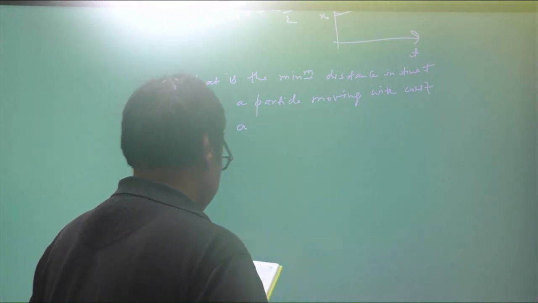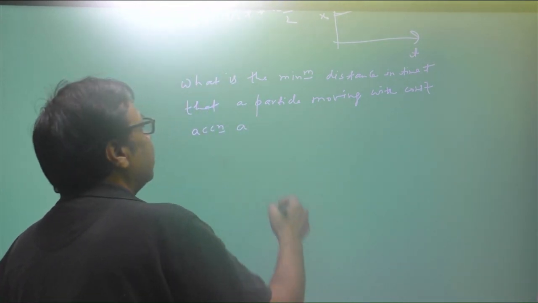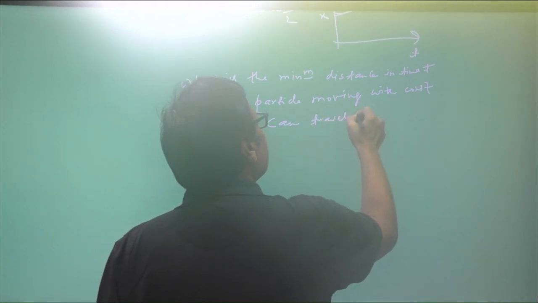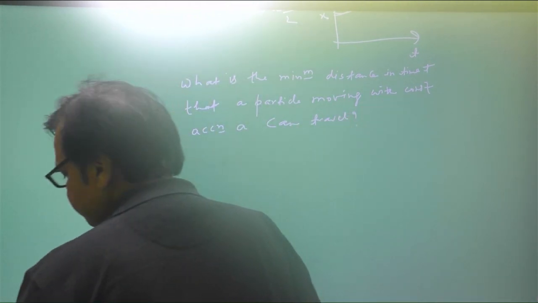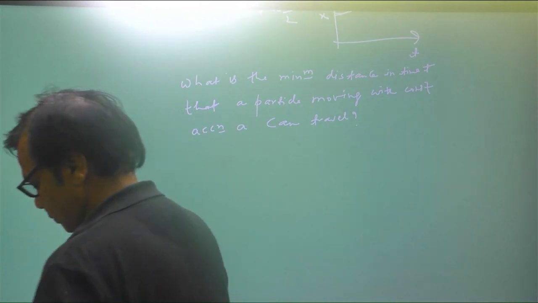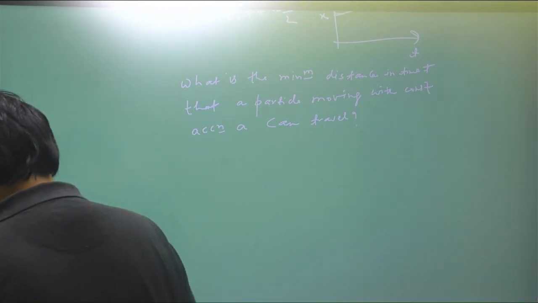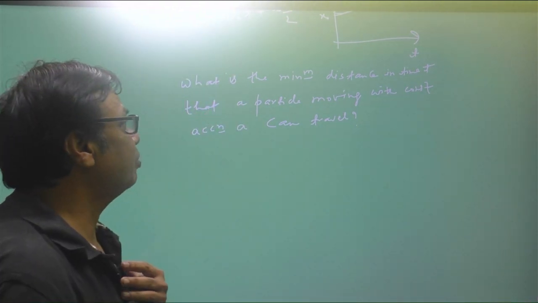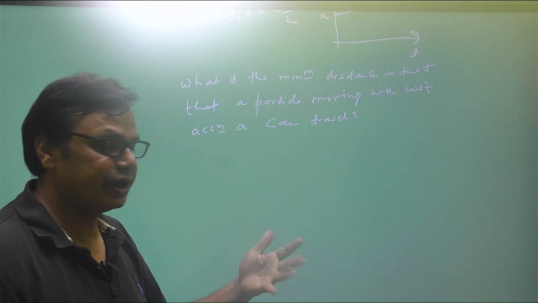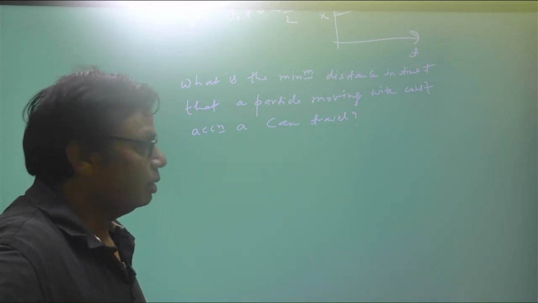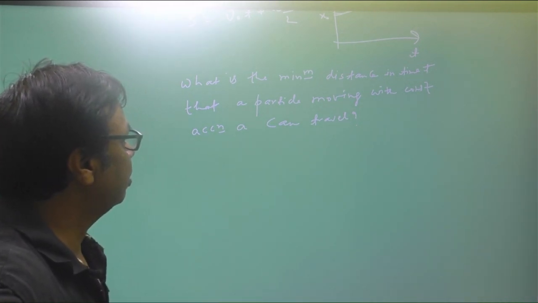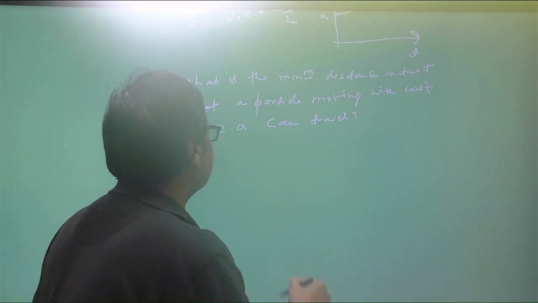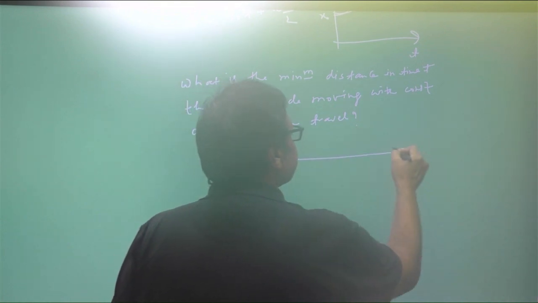This is the simple question. What is the minimum distance in time t that a particle moving with constant acceleration a can travel? Can you solve it? The particle is obviously moving along x-axis.